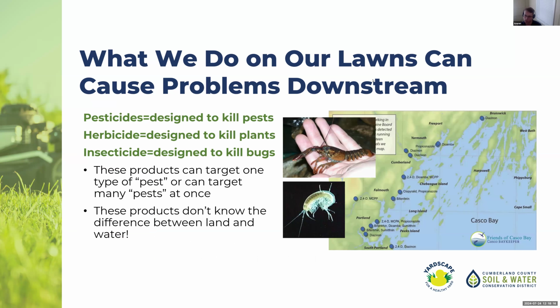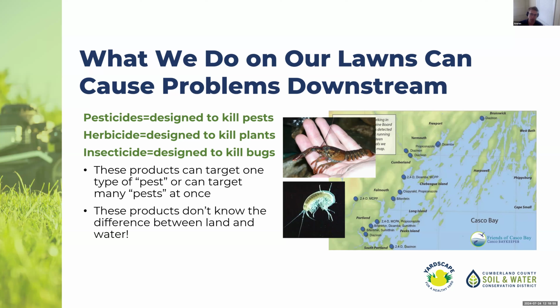We'll start with talking about pesticides. The issue with pesticides is you might be spraying them intentionally. So you have a grub problem and you're spraying an insecticide to kill your grubs, or you have a Japanese knotweed problem, or you have broadleaf plantain and you're spraying something like 2,4-D. The problem with those pesticides and products is a lot of them are indiscriminate and they don't necessarily target one thing.